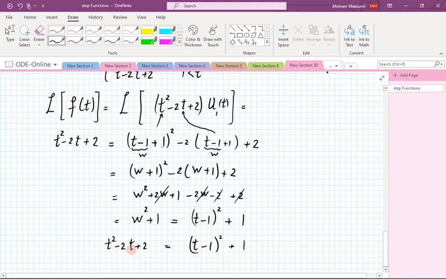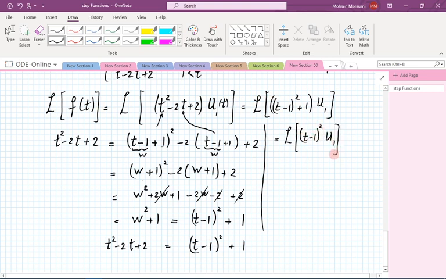Of course, in this simple problem you could see that right off the bat, but in some other problems it's not all that obvious. Then this becomes, now instead of that you write t minus 1 squared plus 1, all of that times u sub 1, and then you say, well, let's break it up into pieces. t minus 1 squared times u1 plus 1 times u1, well, that is just u1.